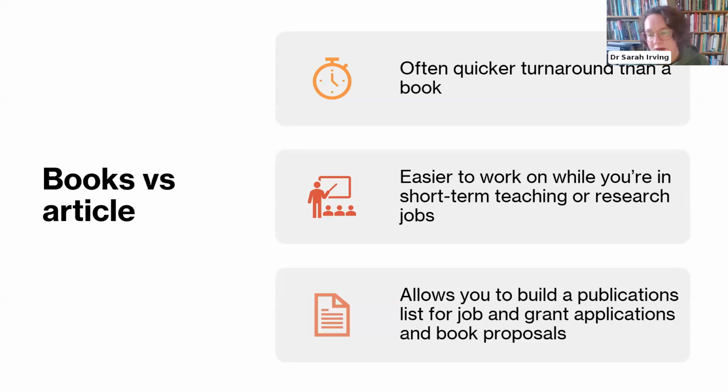Sometimes you might be able to do that a bit quicker if the reviewers very much like what you've sent, if it's very much ready to go in book format, if you've made those changes that make it more readable and things like that. But the shortest that you're probably looking at is about 18 months, and it's likely to be quite a lot more. So journal articles can often be a quicker turnaround than books.